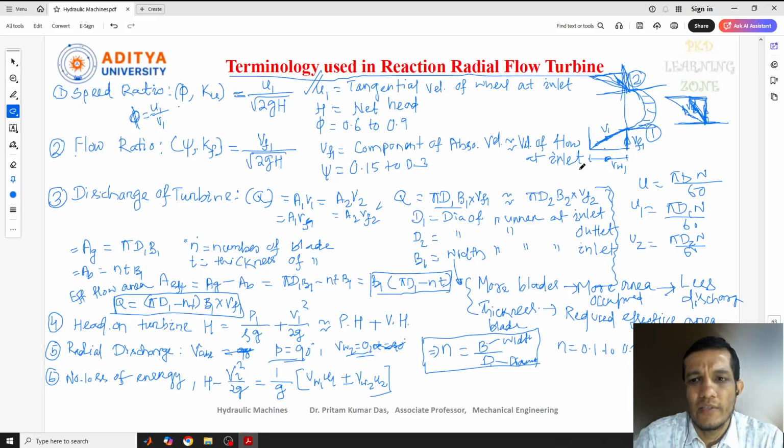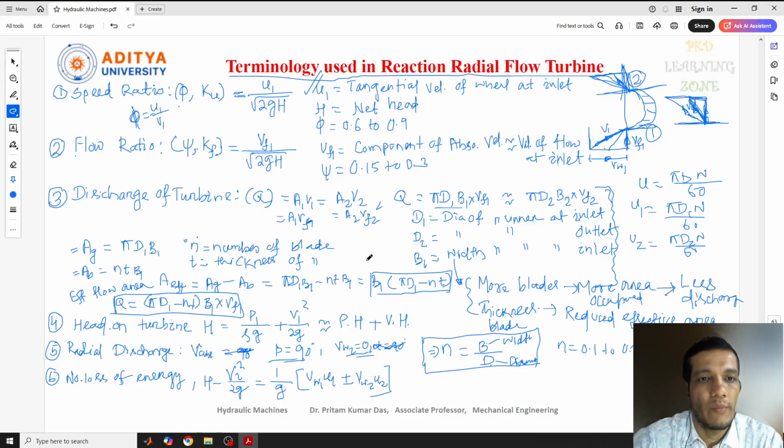And some other terminology is there. The velocity triangles for inlet and outlet conditions, which we discussed in the previous lectures, we also need to remember. I hope you understand what terminologies are used in the reaction radial flow turbine and how to utilize them.